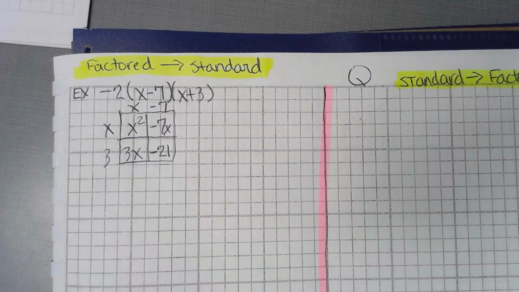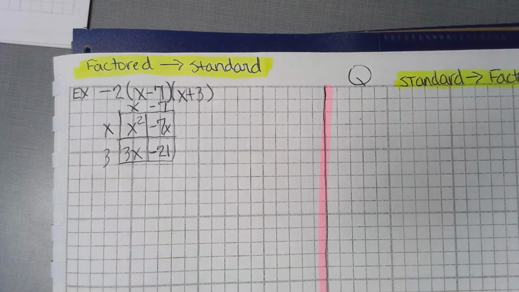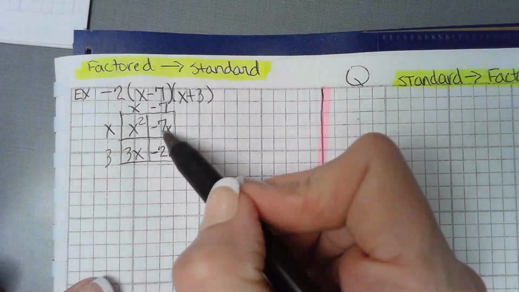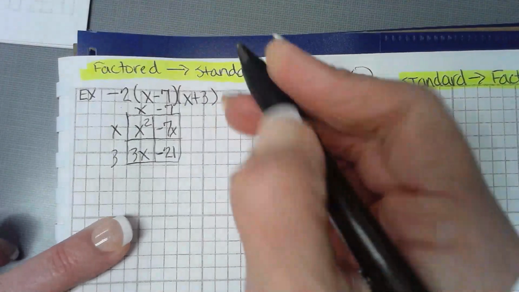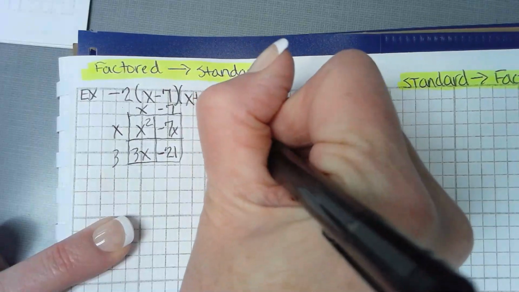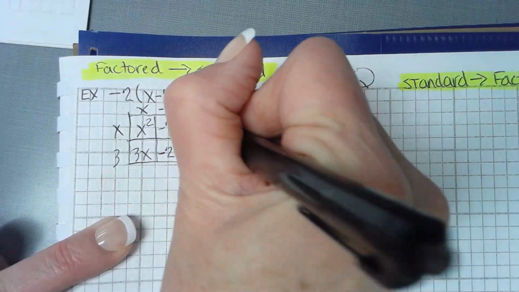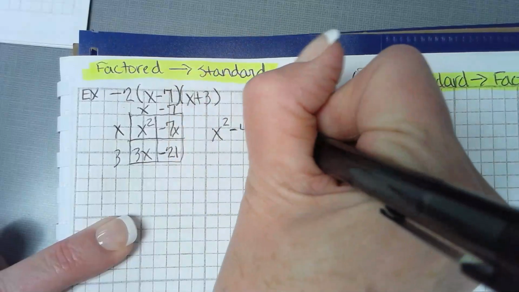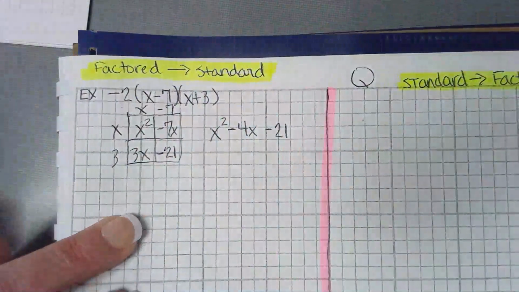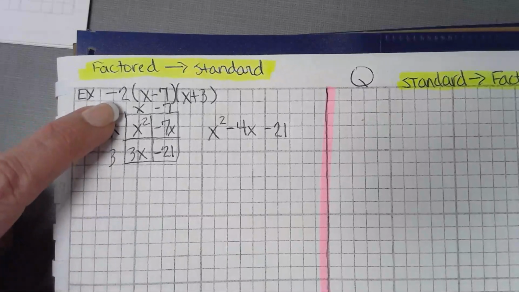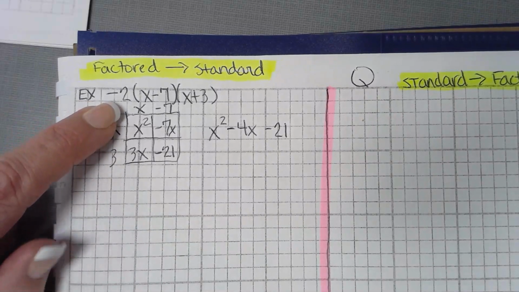Who knows what we do next? Yep, we're going to combine the like terms, the -7x and the positive 3x. Give me -4x. I'm going to bring down my x squared, bring down my -21. Now I'm not done because right out here in front is a -2.